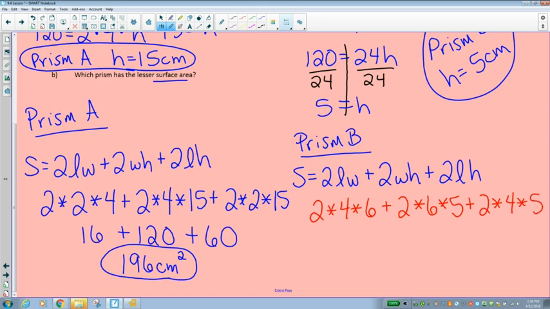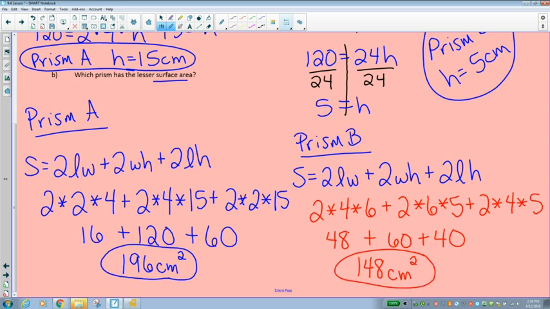And again, I'm going to do the same idea with solving this. 2 times 4 is 8, and 8 times 6 is 48, plus 2 times 6 is 12, and 12 times 5 is 60, and then plus 2 times 4 is 8, and 8 times 5 is 40. So then when I add these, I get 148 centimeters squared.